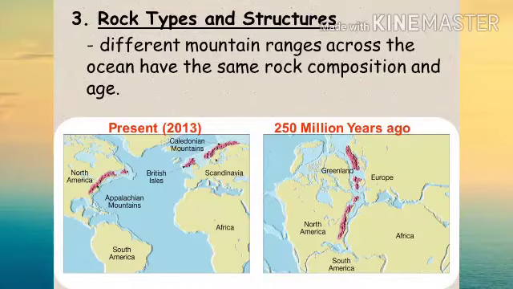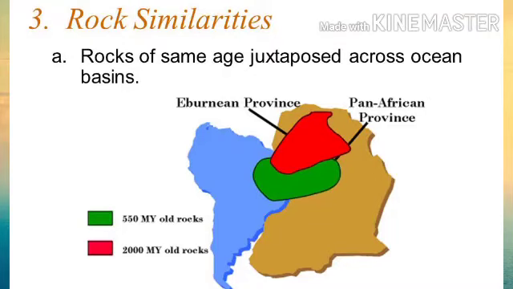The second evidence is rocks of the same age across the oceans. Wegener discovered that identical rocks could be found on both sides of the Atlantic Ocean. These rocks were the same type and the same age.